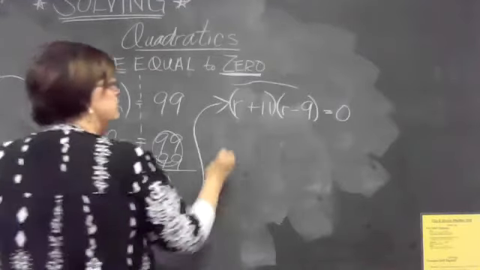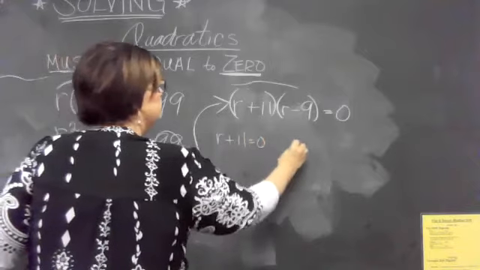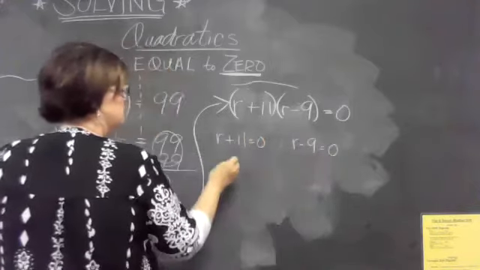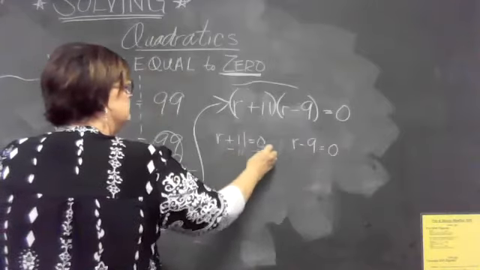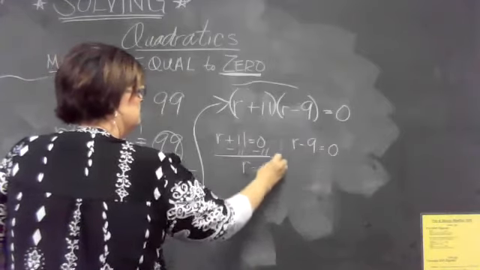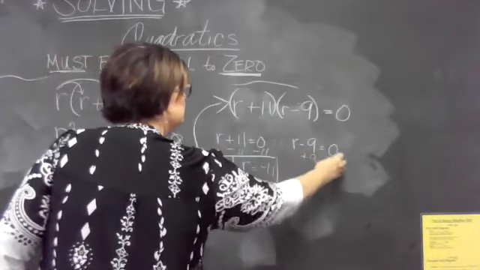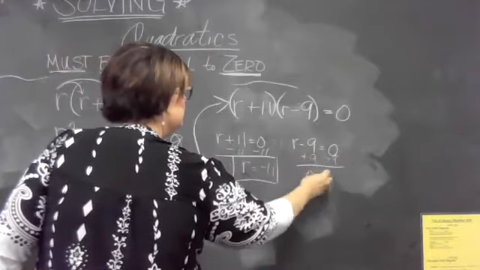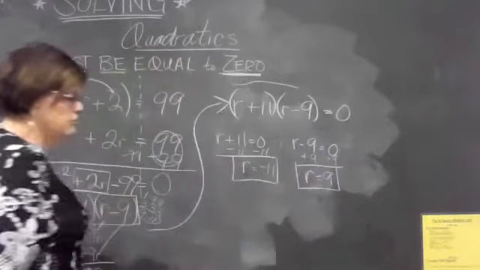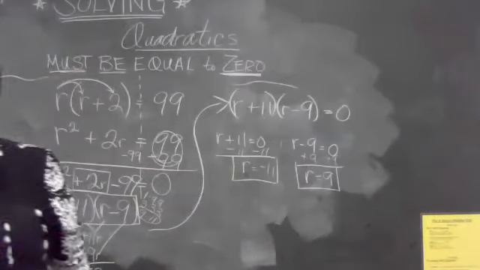So now all we have to do is set each piece equal to 0. And our answers are negative 11 and 9.